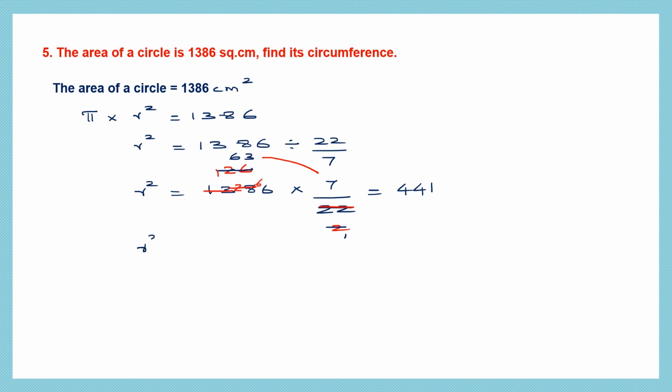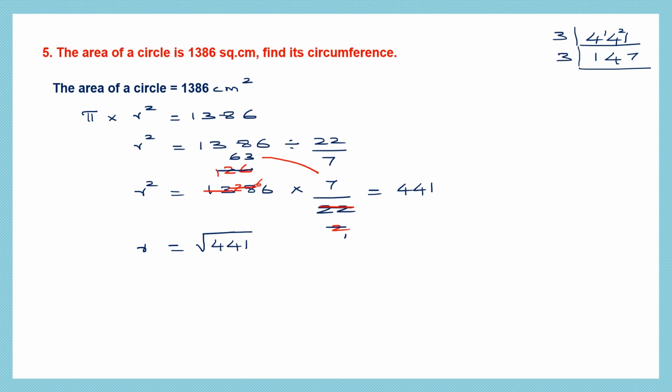So r will be the square root of 441. Now do you remember the square root of 441? Otherwise we will find it out this way. We're going to use the prime factor method to find the square root. 441 divided by 3. 3 ones are 3, there's 1 left, 14. 3 fours are 12, there's 2 left, 21. 3 sevens are 21. 7 plus 4 is 11 plus 1 is 12, that means we can still divide this by 3.